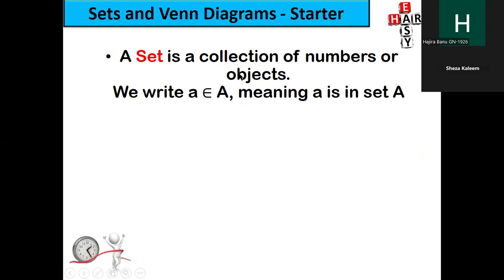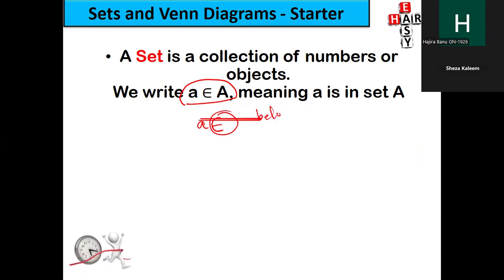A set is a collection of numbers or objects. Now, if you see here, a belongs to A. This symbol is called belongs to.